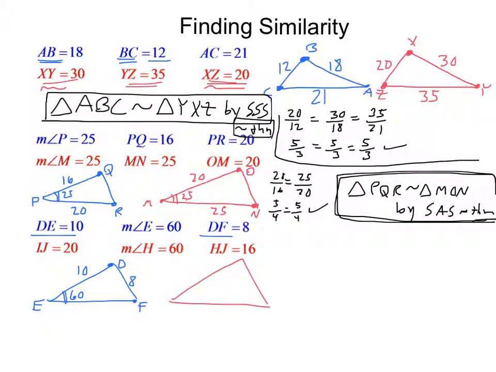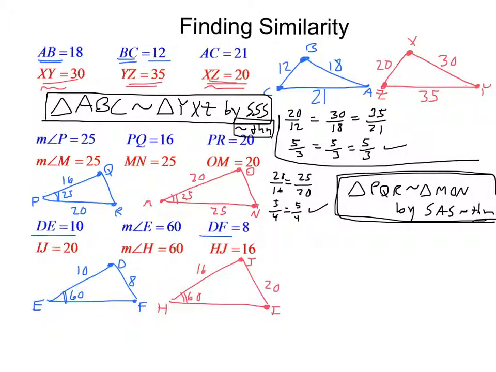Now in the other triangle, let's match up our 60 degrees. That's going to be H. And to keep things matched up over here, now notice I actually have angle side side. HJ, we can make that the 16, so maybe this is J over here, and this will be JI, and we can make that one 20.